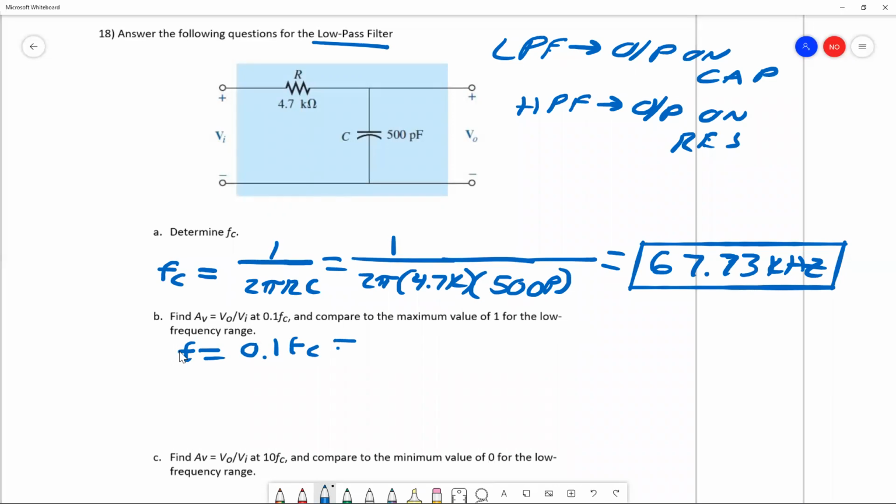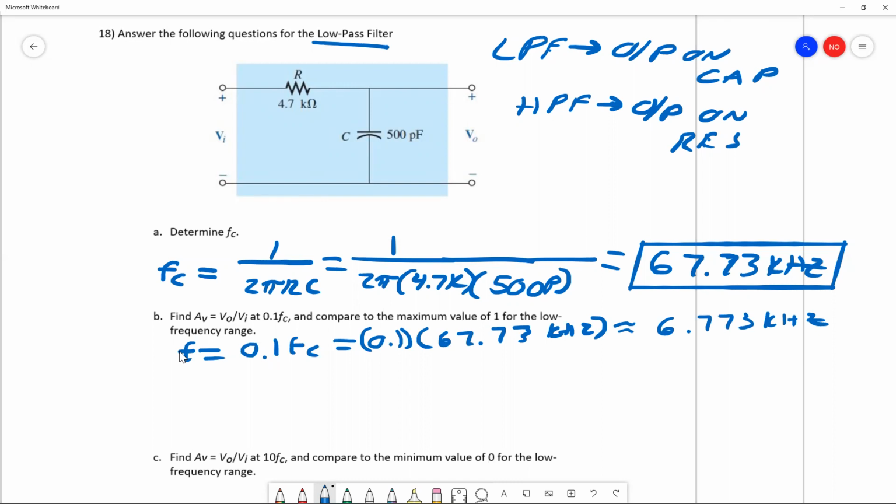So that's just going to be 0.1 times that value that we found before. So 6.773 kilohertz, just moving the decimal point over basically.